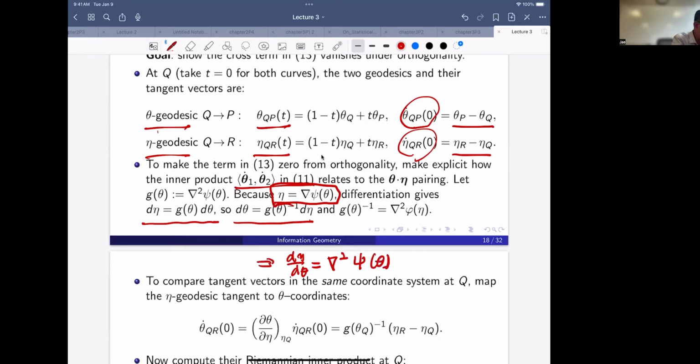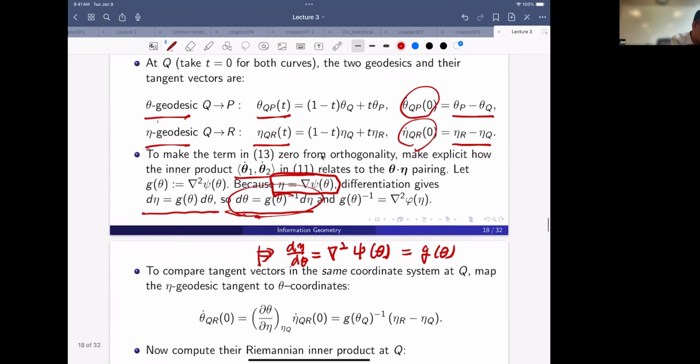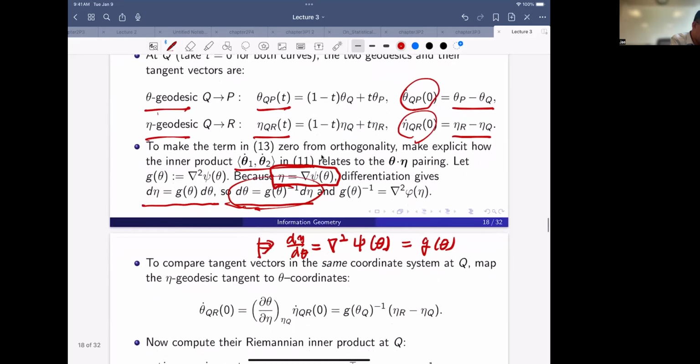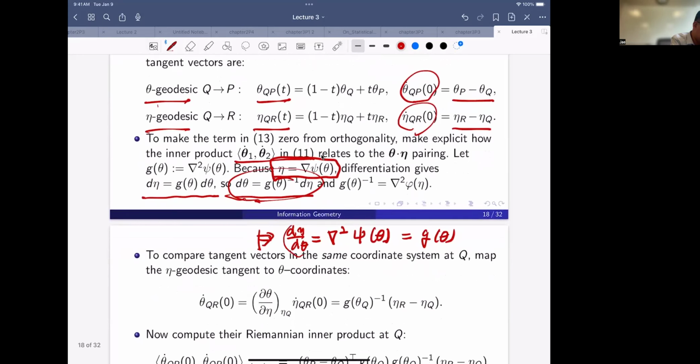From here we can obtain this. So that means this is actually G, right? So we obtain this. And because of this, we can say that this guy is actually G inverse, because it's the inverse.